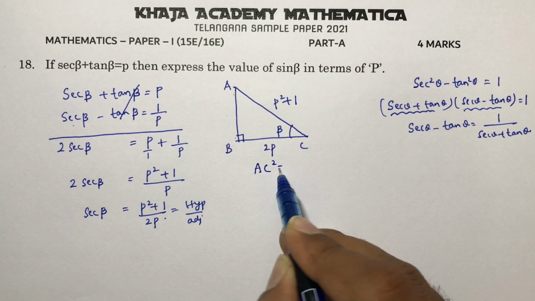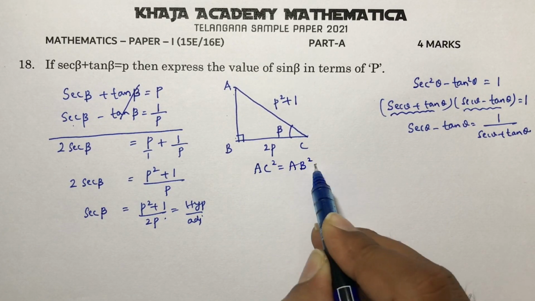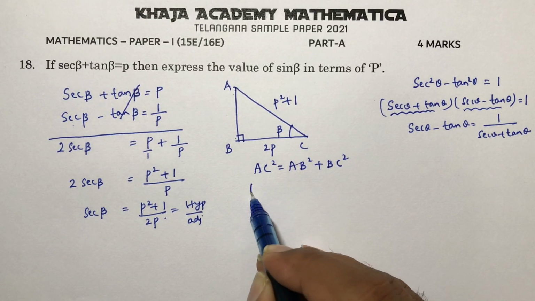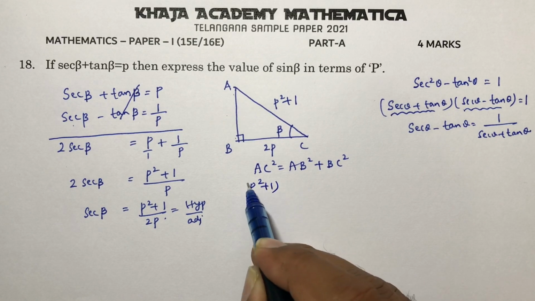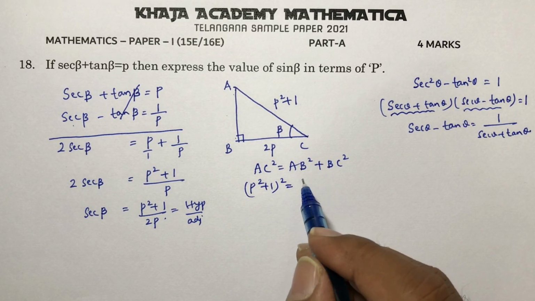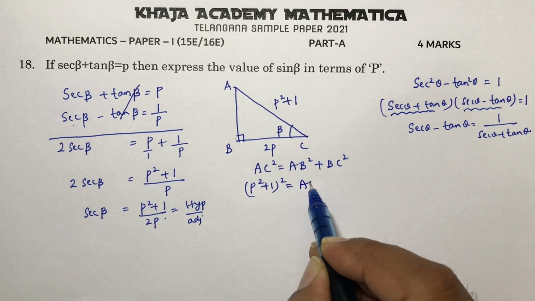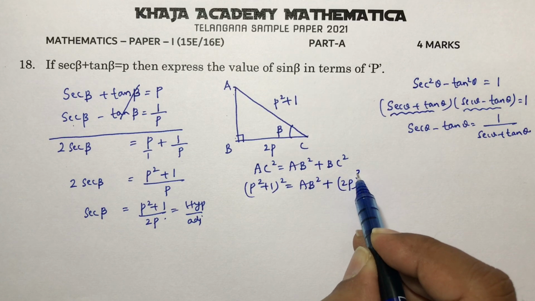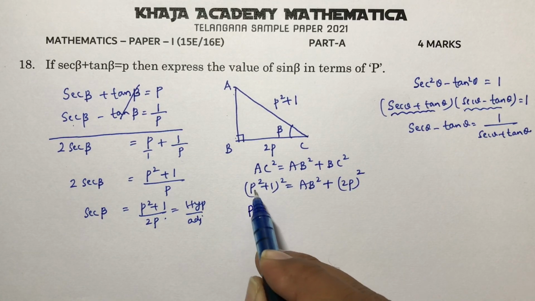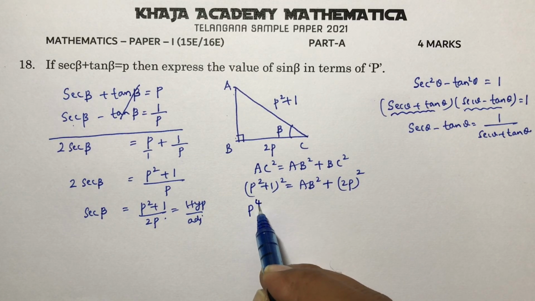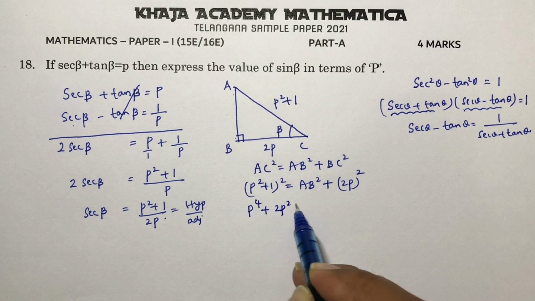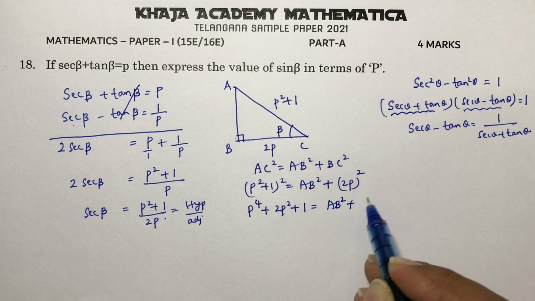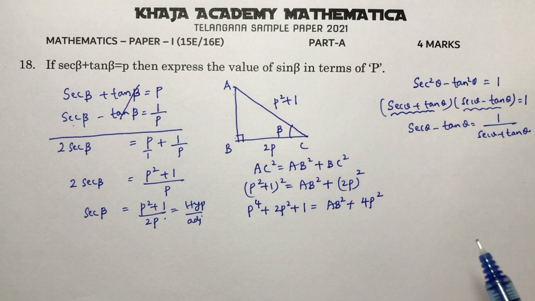So AC square is AB square plus BC square. So AC is p square plus 1 whole square, AB square I need to calculate, and BC is 2p whole square. So here a plus b whole square, you'll get a square plus 2ab plus b square equals AB square plus 4p square.